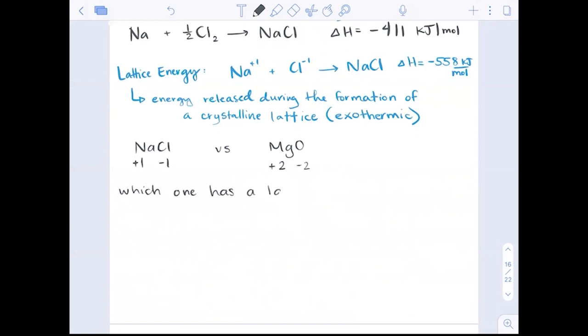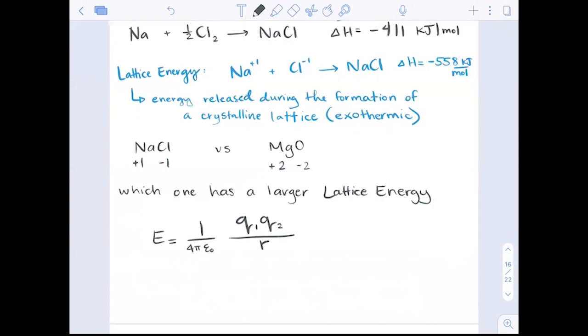Well, think about Coulomb's law. If lattice energy is directly related to those ions coming together, whichever ions would produce a larger value here, Q1 times Q2, that will be the largest energy. That 1 over 4 pi epsilon is a constant.